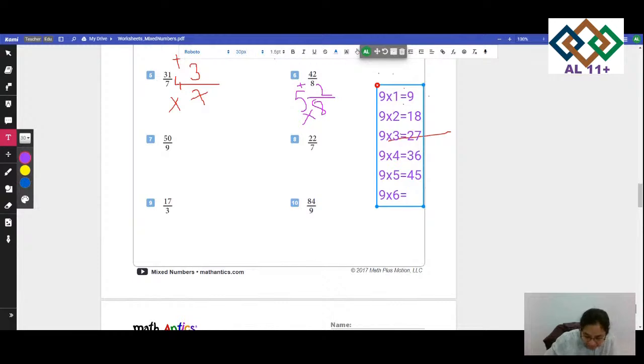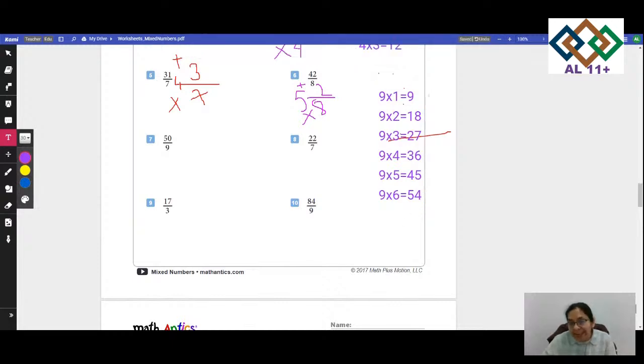That would be your closest, but still, we need to double check what it is. 9 multiplied by 6 is 54. That's more. So the closest you could get in 9's table to 50 is 45.